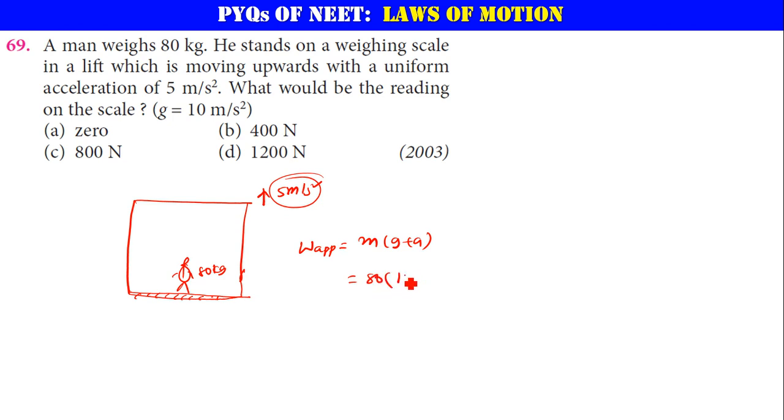G value, let us take 10, and a value is nothing but 5. 80 into 15. 15 8s are 120. So 1200 newtons is going to be the reading on the scale of this weighing machine. All right. Yes. So option D is correct.